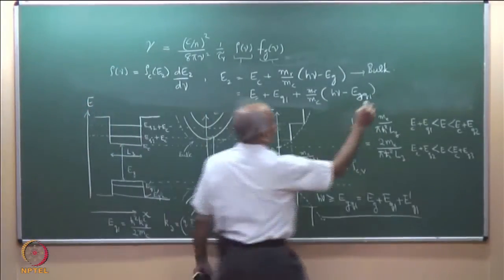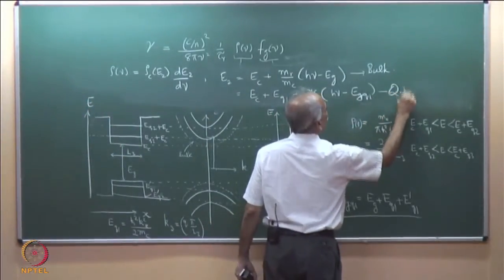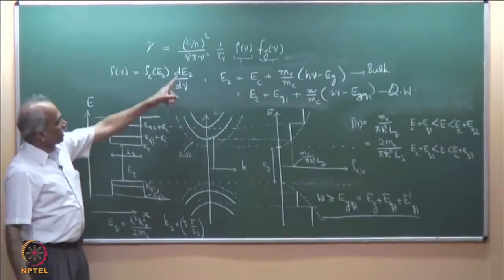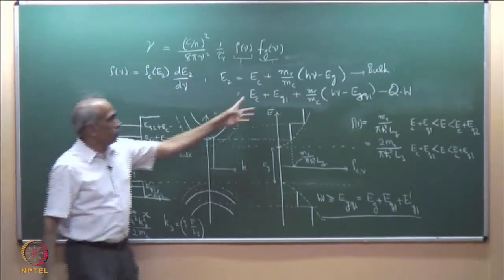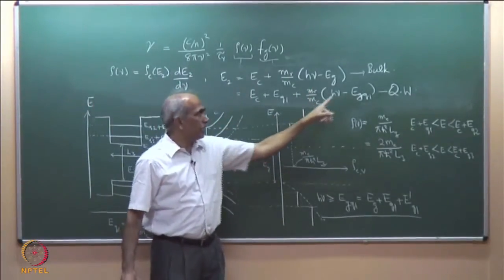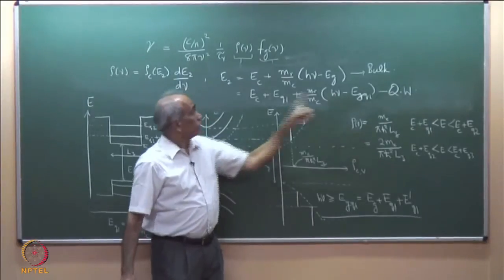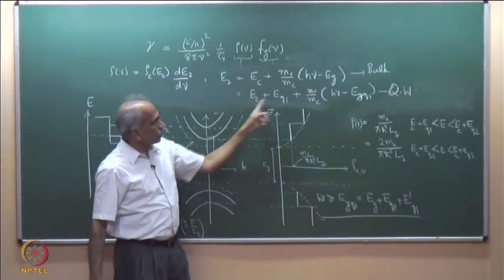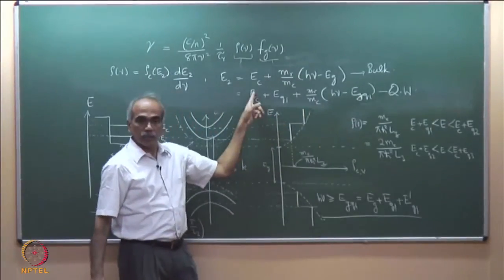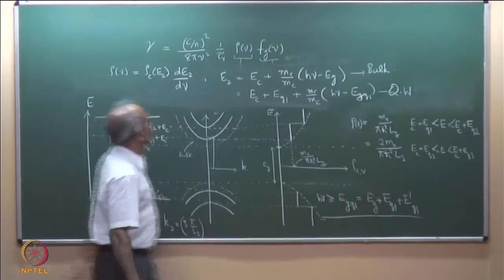This is for quantum well. Therefore, dE2 by d nu will be, of course, these are constants, as before Mr by Mc into h. All others are constants.